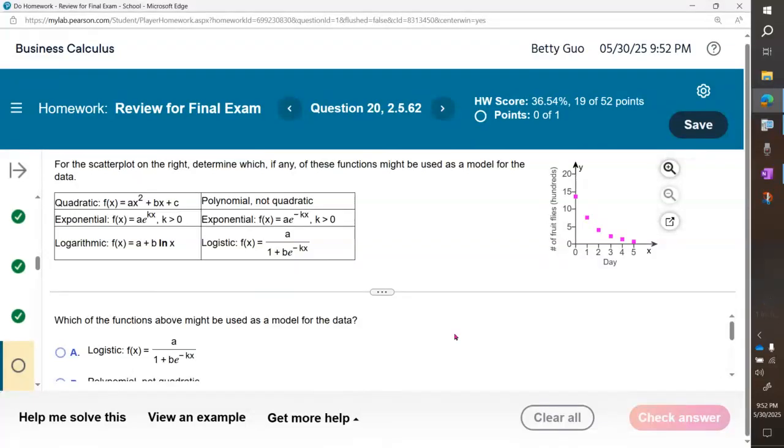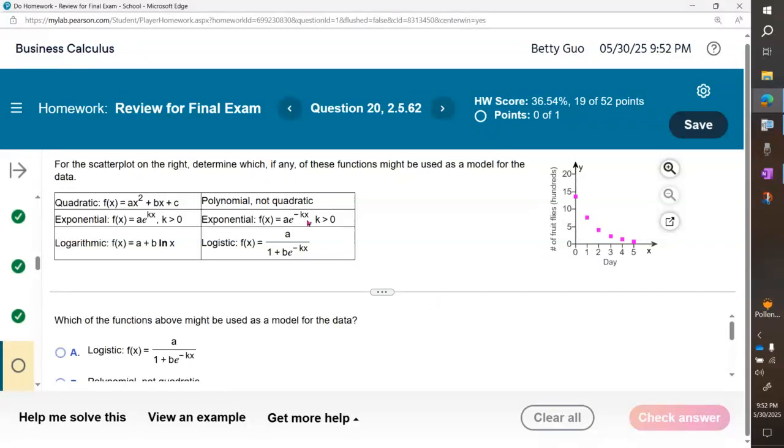Number of fruit flies by day. Okay, so definitely it is the number of fruit flies. Why is it getting down? So definitely it is an exponential function. Since it's going down, it is exponential decay.